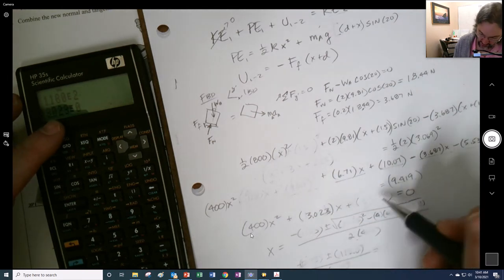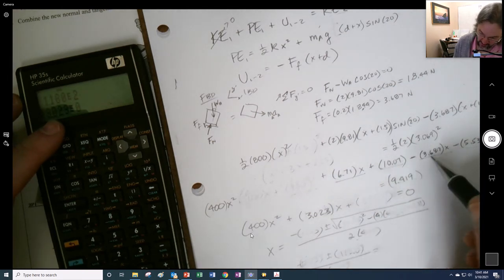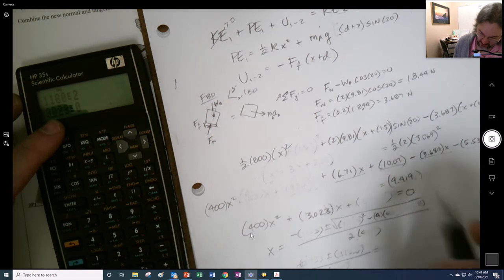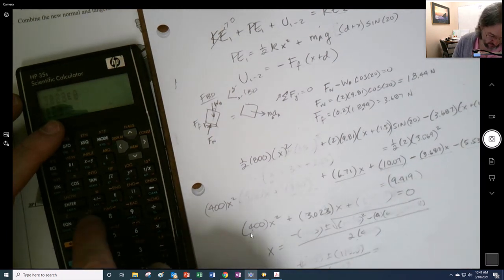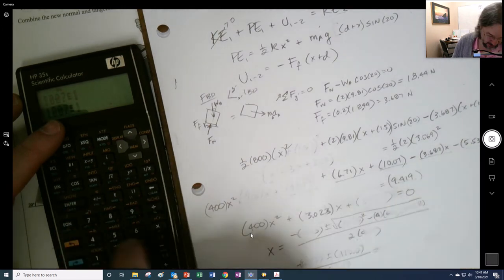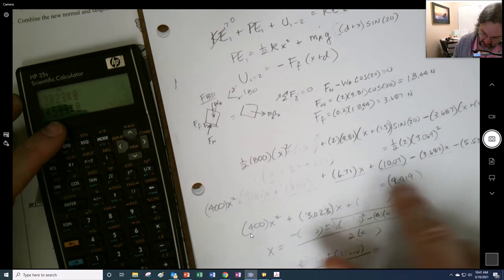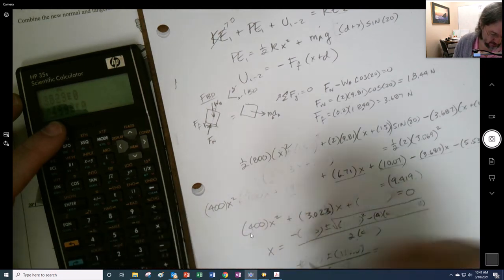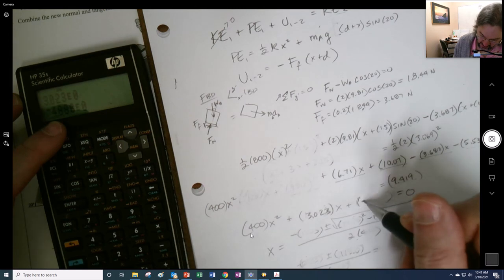Okay, I'll buy that. And so now for this, we take a 10.07, subtract out 5.531, and then subtract out our 9.419. Boom. So we do get a negative number here. That'll help us, 4.880.